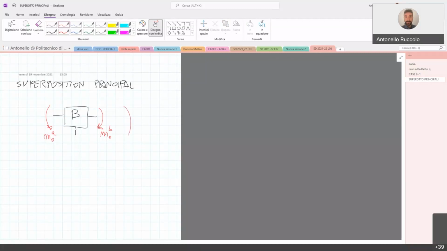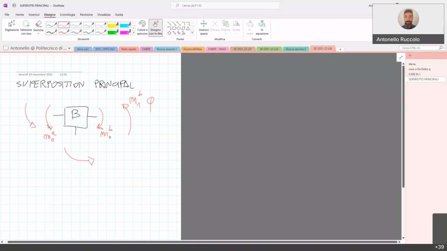Then three moments that are the same, basically, because the geometry is the same for all the three beams, are M1B times the rotation, which is unknown, and obviously it is not B, but it is C. M1A times the rotation that is unknown.